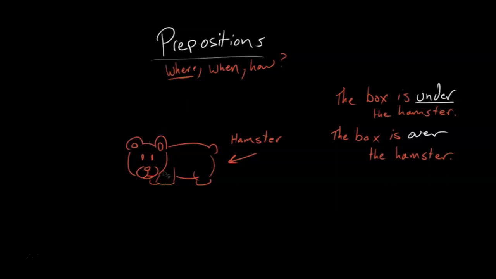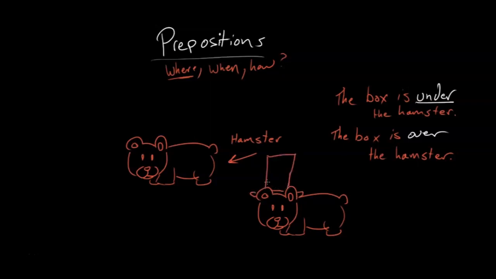But let's get rid of the box. And let's imagine that our hamster is having a midlife crisis. And our hamster decides it's going to go out and it's going to splurge on a fabulous new hat. Just an enormous top hat. Little band in the center. Just a big, old, silly Abe Lincoln-style stovepipe top hat.